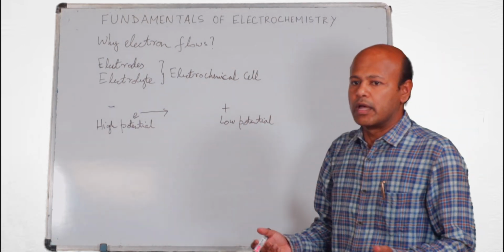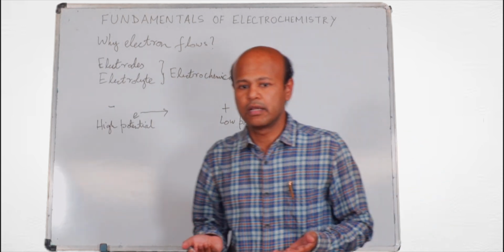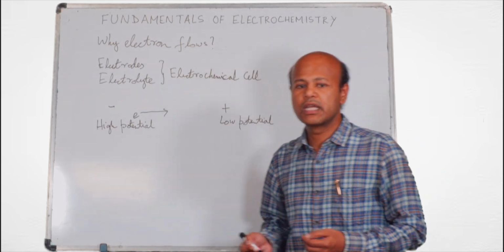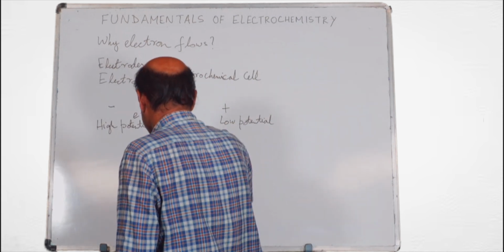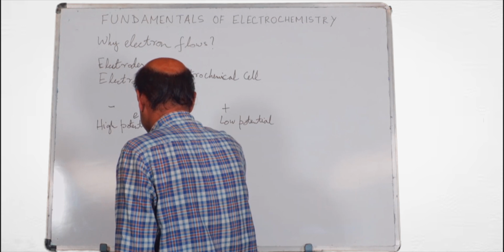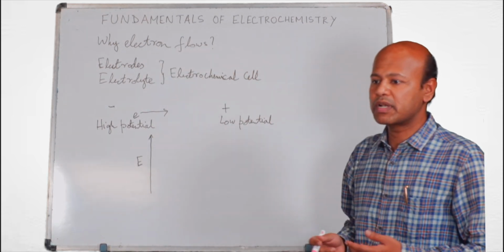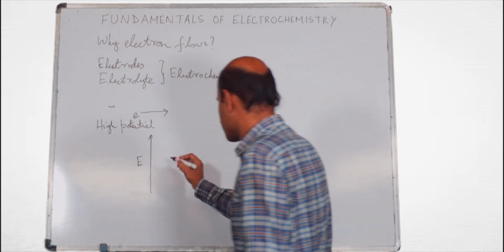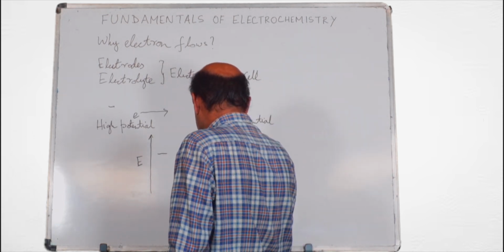Now, how do we show this in a material? For that, we have to consider the energy diagram. So the same thing I discuss in an energy diagram, where this is my energy. I am taking the example of two electrodes, a zinc electrode and a copper electrode.